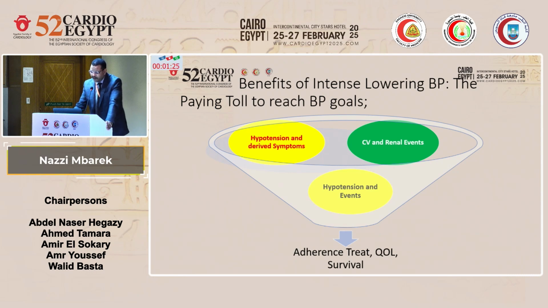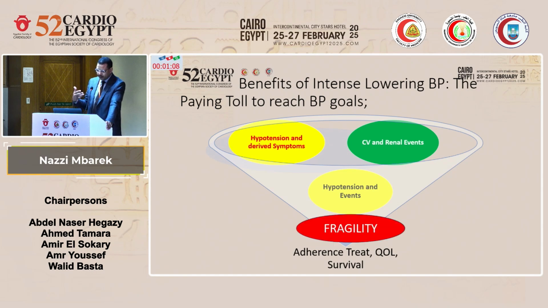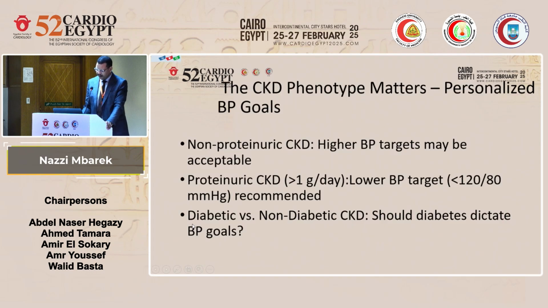And if we want to apply this intensive blood pressure lowering, you have to pay the toll, because there is hypotension with its symptoms and events. So if we want the patient to adhere to treatment, to have a good quality of life and more survival, you have to assess frailty of these patients.